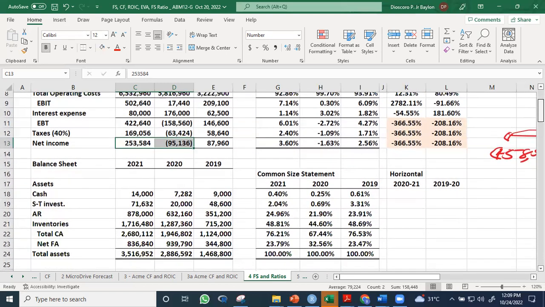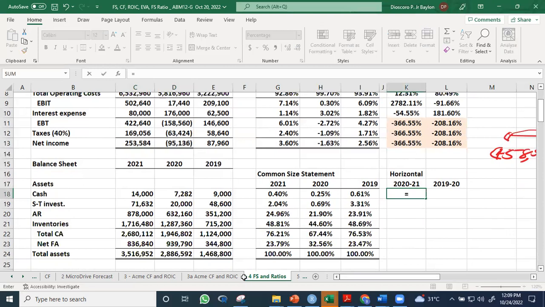Sa meeting natin sa Thursday, again, may activity tayo. So, activity natin ganito, common size statement, tsaka by group na naman. Alright, so for this one, ganun din yung formula natin. It will be yung current divided by the previous minus 1, control enter.